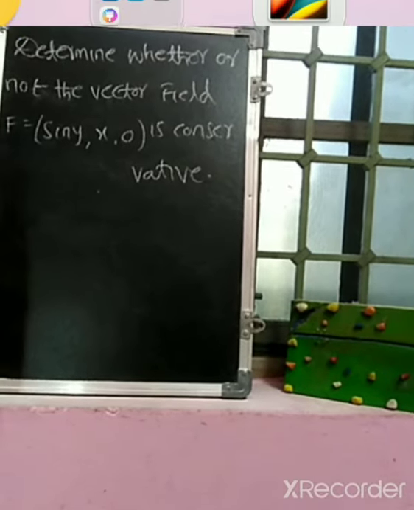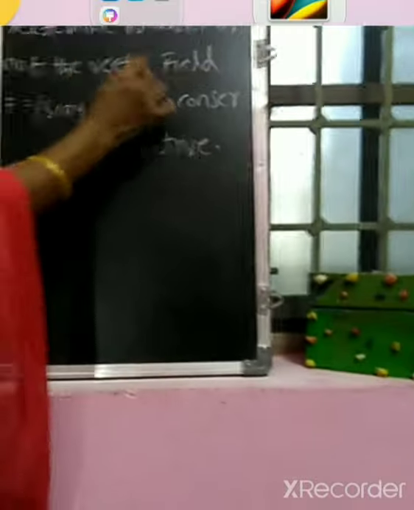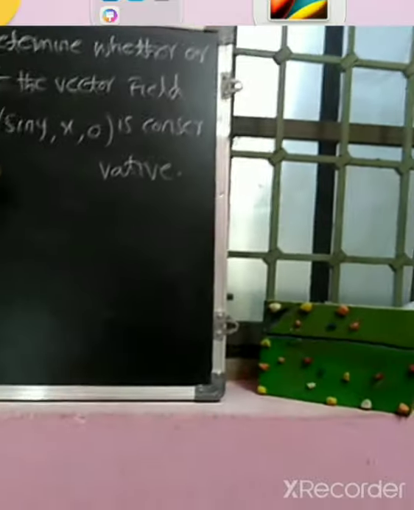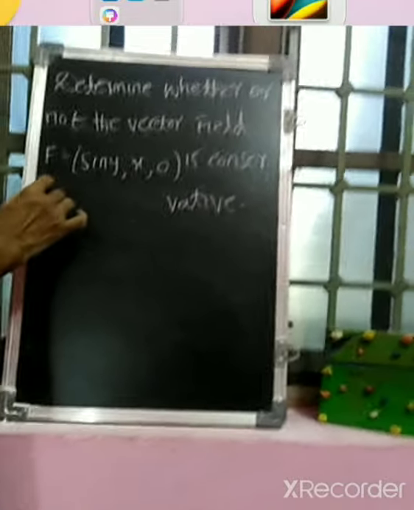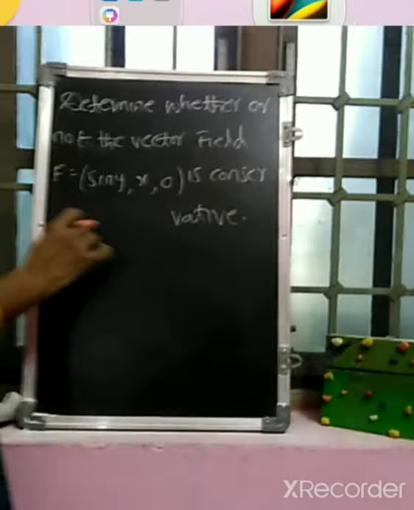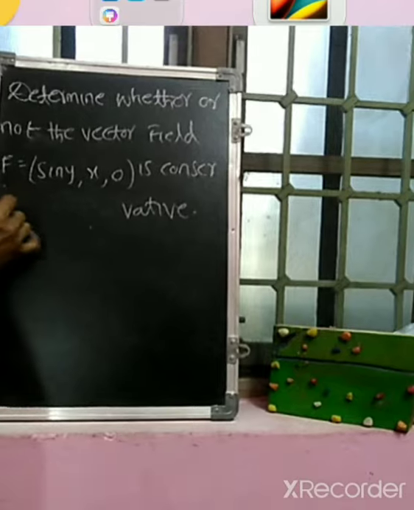So what is our problem? Given the vector field f, is it conservative or not? We can find the curl f. If curl f is equal to 0, then f is conservative. If curl f is not equal to 0, f is not conservative. So we can solve this one.